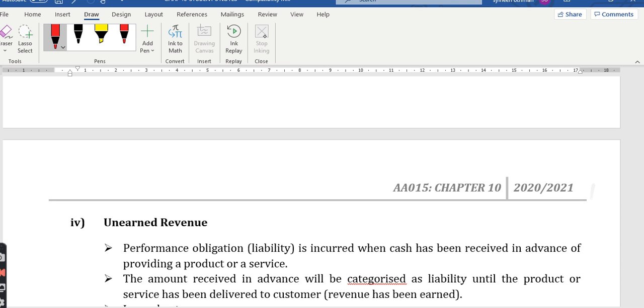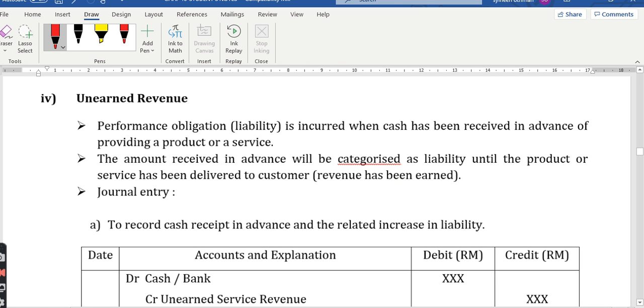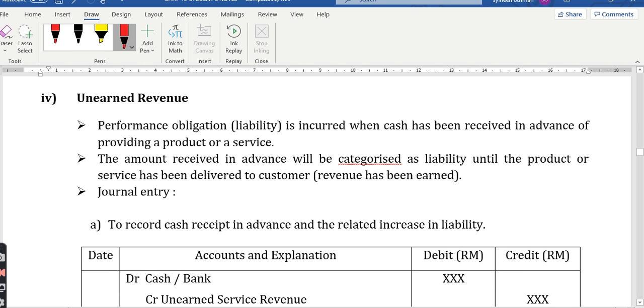We go to unearned revenue. What is unearned revenue? As you can see here, unearned revenue is a performance obligation. That means you already received the money in advance, but the services or the product has not been delivered to the customer yet.